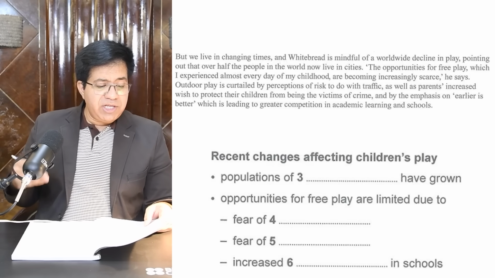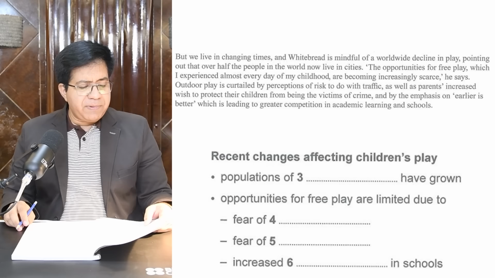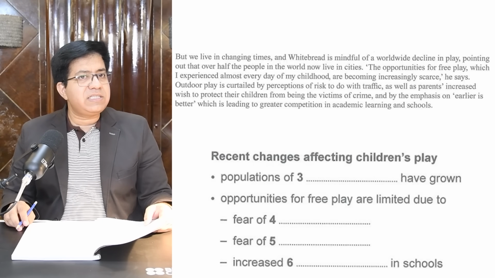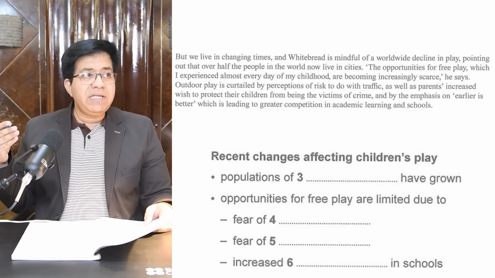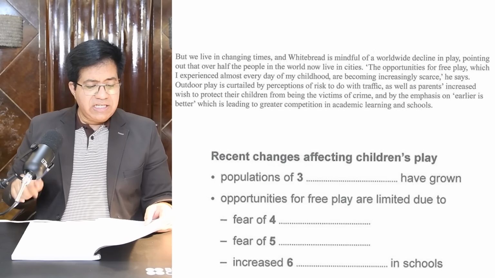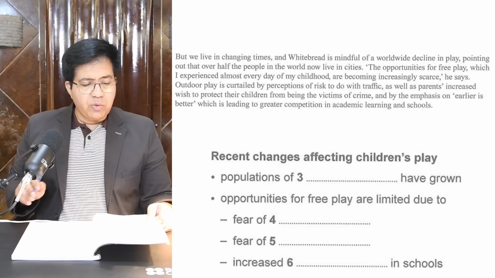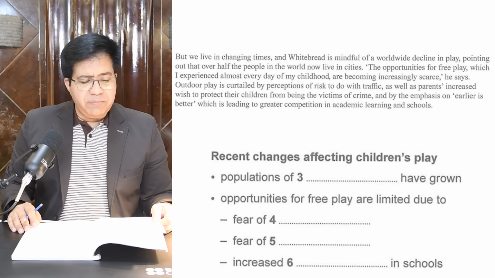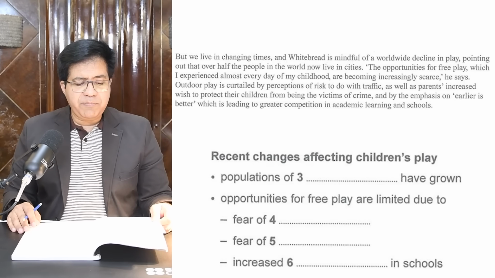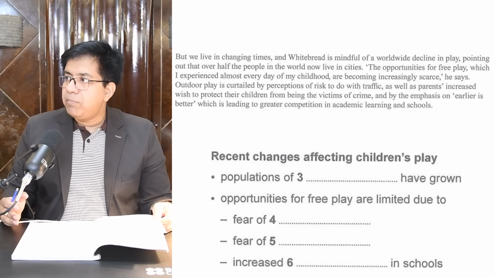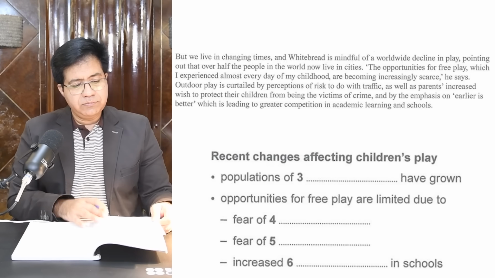People means population. Over half the people in the world now live in the cities. When over half the people in the world live in the cities, it means the population of cities have grown. So correct answer for question number 3 is cities. You cannot say populations of people have grown. Population means people.